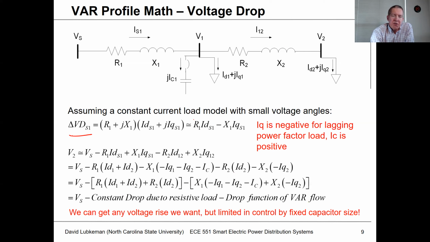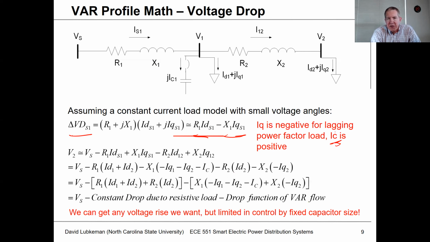And if I assume that the imaginary part of this is 0, the real part is R1 times IDS1, the real part of that line current, minus X1 times the imaginary part of the line current. Keeping in mind that if I have a lagging power factor load, that IQ is going to be negative. So actually we get voltage drop due to both the line resistance and also the line reactance. And IC is going to be positive.